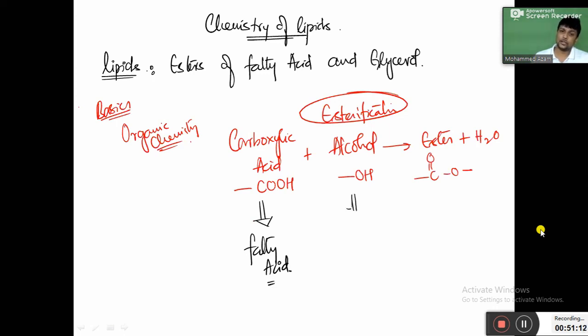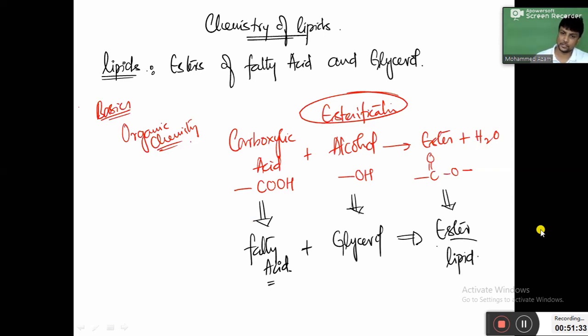Out of all the alcohols you have, acetyl alcohol, methyl alcohol, ethyl alcohol, we are taking glycerol. Definitely when these two react together, it leads to the formation of an ester. And remember, this is not a normal ester, it is known as a lipid, something special.